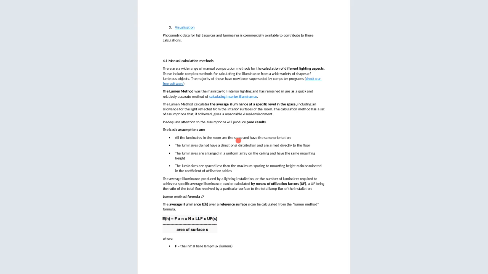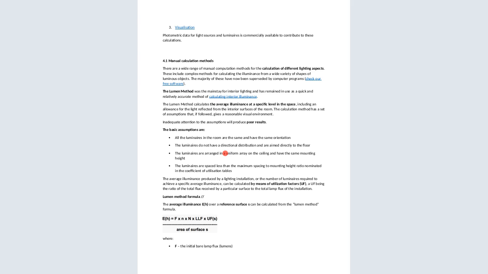So the basic assumptions are, number one, we assume that all the luminaires in the room are the same and have the same orientation. That is, if we choose to put fluorescents, then the whole room will use fluorescents. Or if we choose downlighters, then all the lighting in the room will use downlighters. The luminaires do not have directional distribution and are aimed directly at the floor.